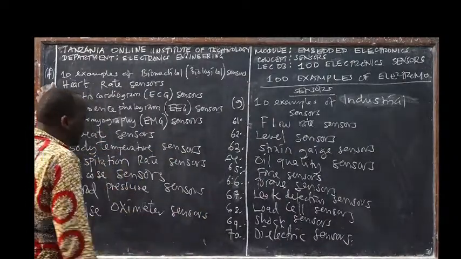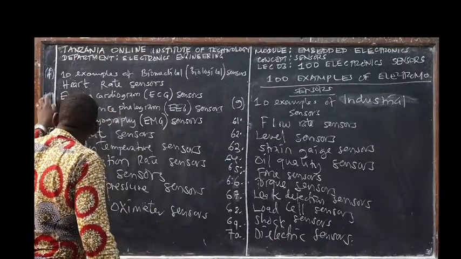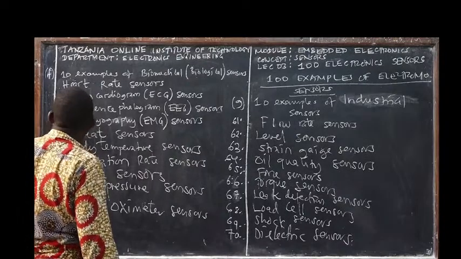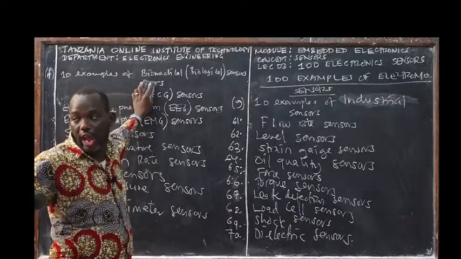Class 1, 2, 3. Read from 61 to 70 quickly. Okay, restart. 1, 2, 3, go.